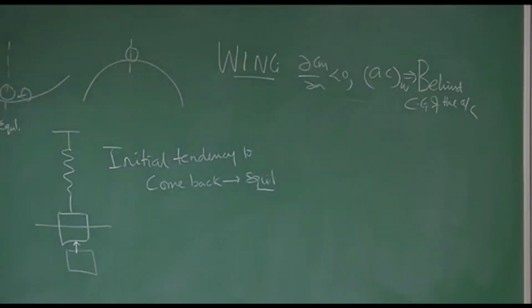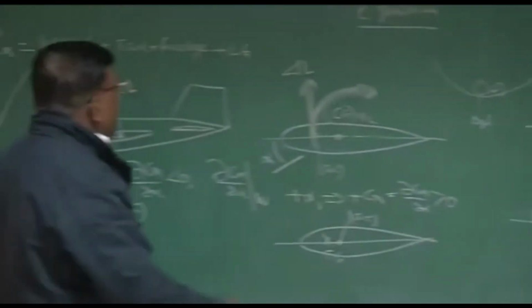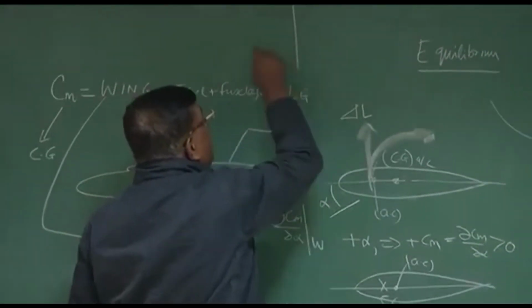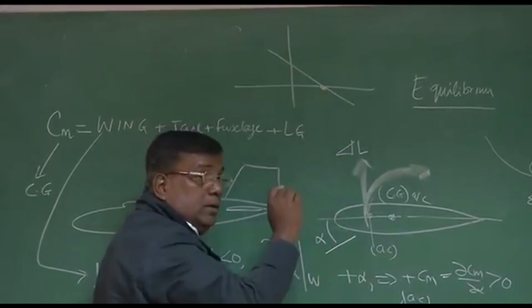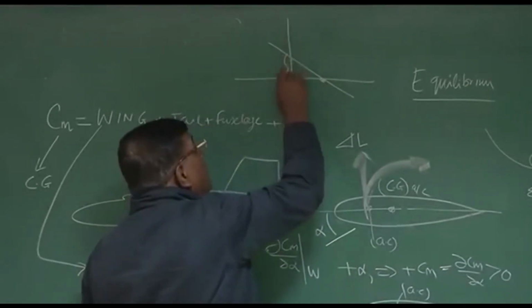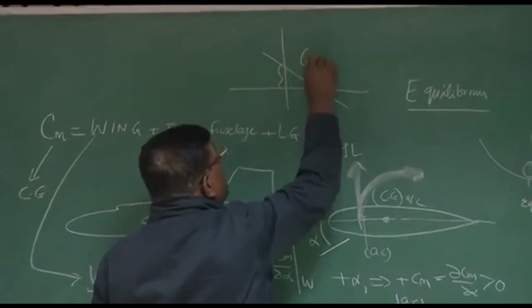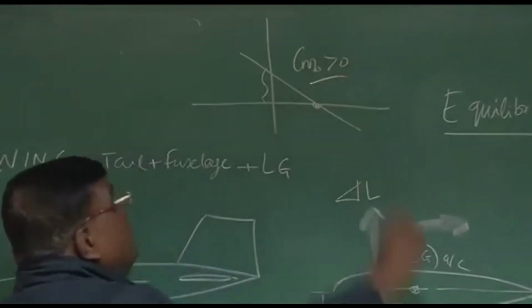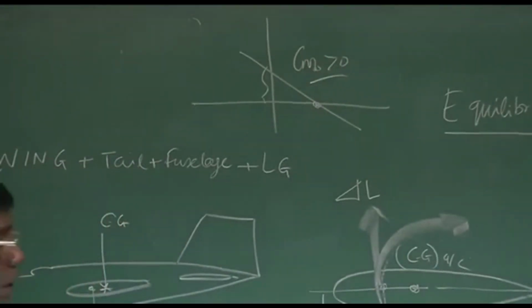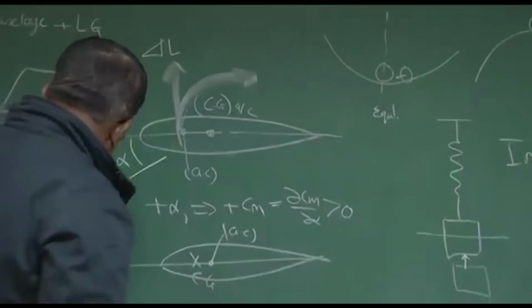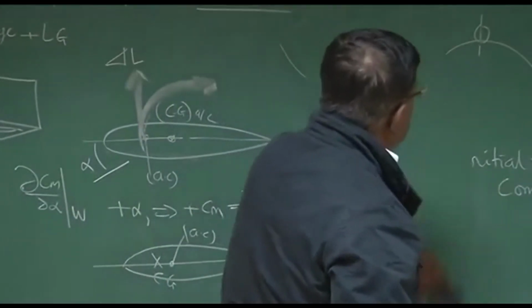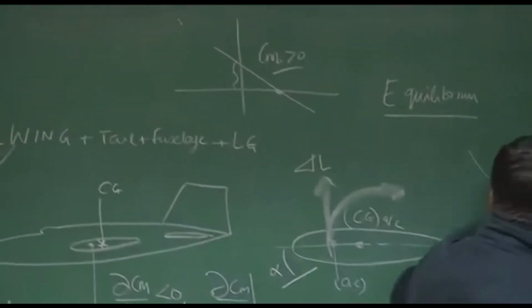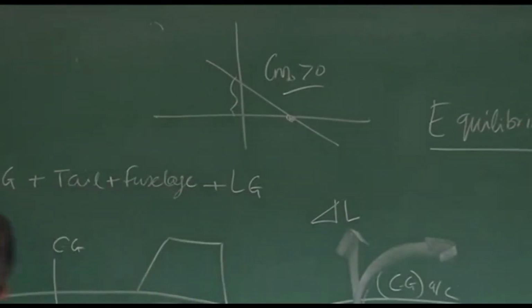But we know very well, it is not only the slope here, which is dCm by d alpha, we are also looking for this gentleman, Cm naught should be positive. And let us see if I put the wing the way we realized to get stability, whether Cm0 contribution is positive or negative.